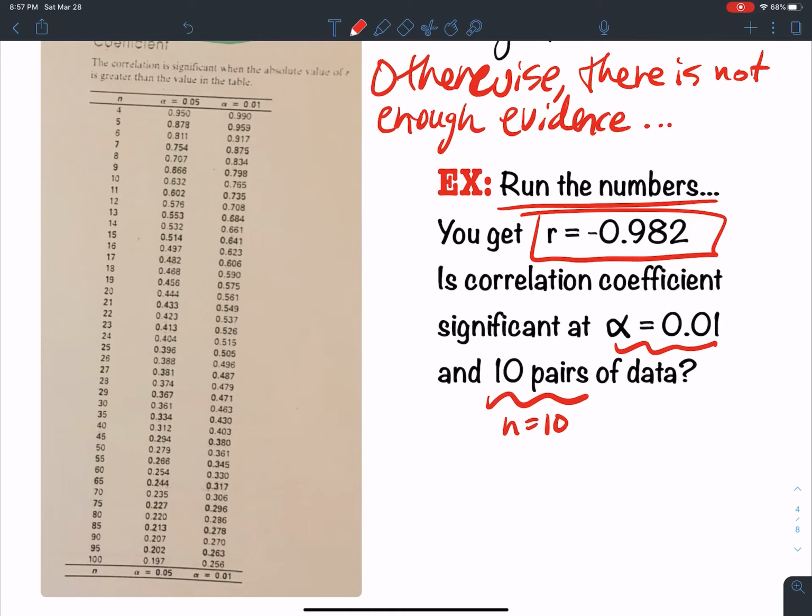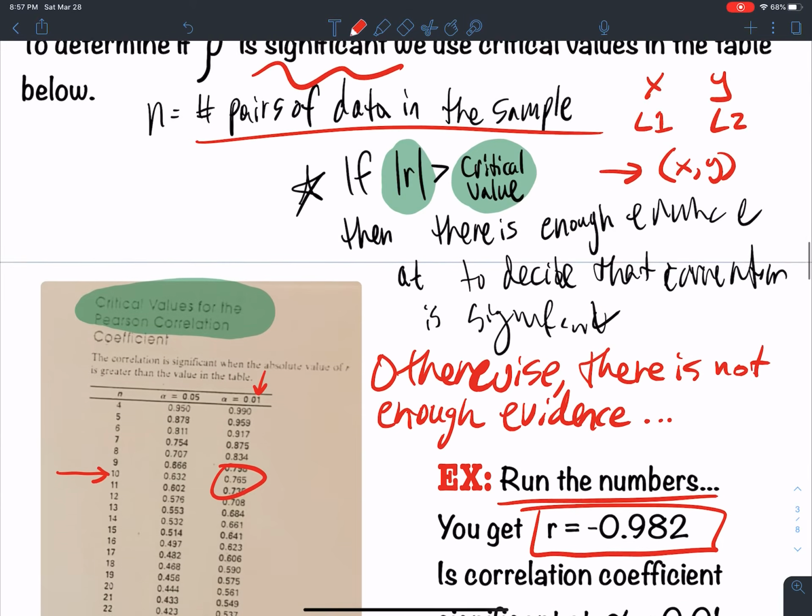So how do I do this? I literally go to my n equal to 10 here, and alpha 0.01, so that's this number right here. So I get R naught equal to 0.765. What's the test say?